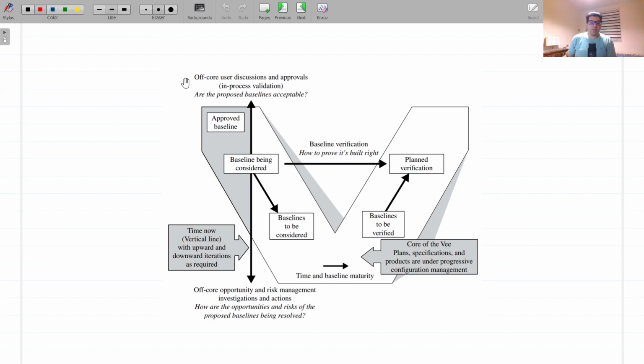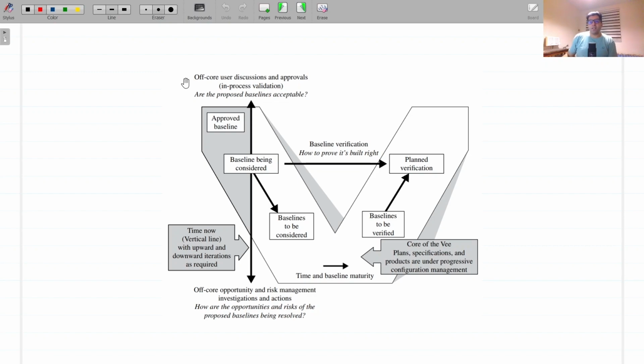The off-core opportunity and risk management investigations going downward are addressing development options to provide assurance that the baseline performance being considered can indeed be achieved, and to initiate alternate concept study at the lower levels of detail to determine the best approach. These downward off-core investigations and development efforts are entirely under control of the development team.